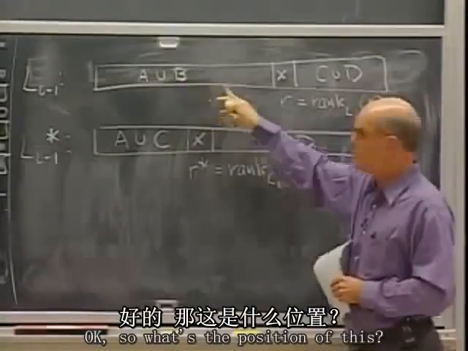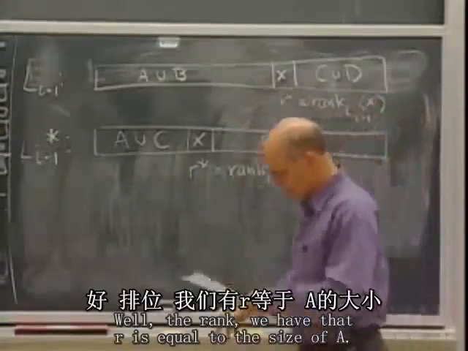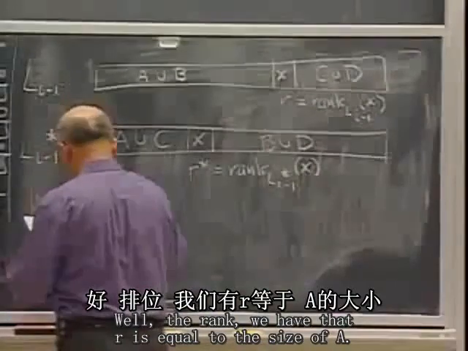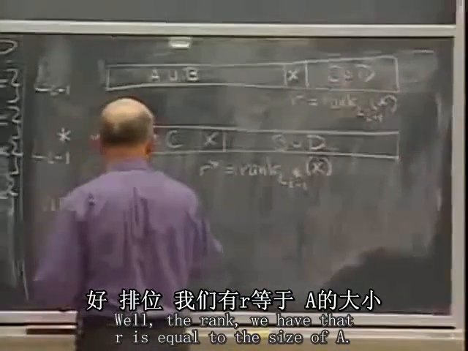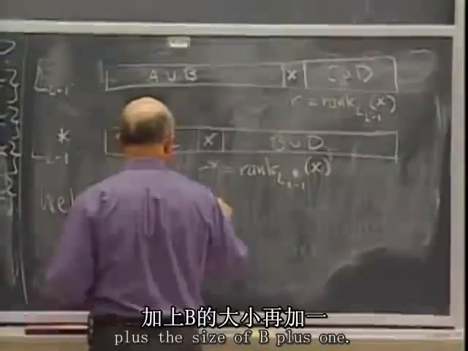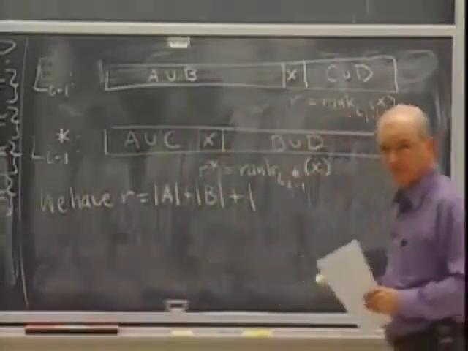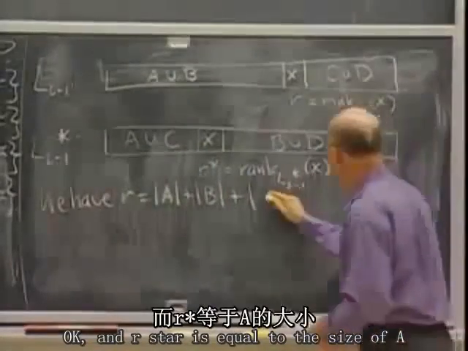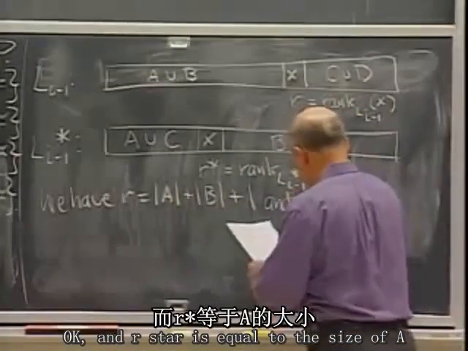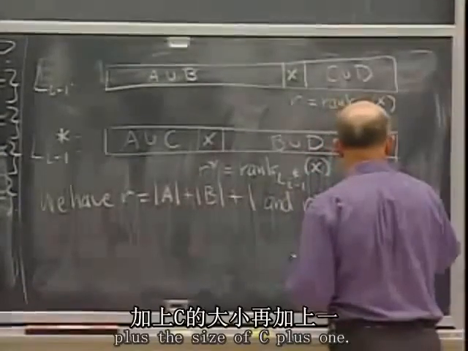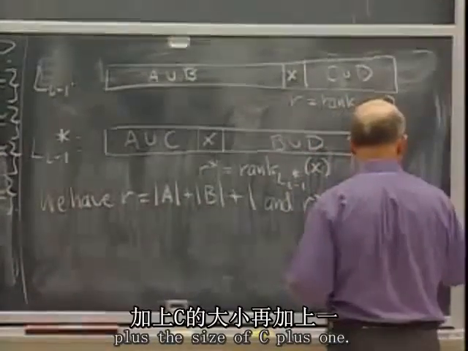So what's the position of this? Well, r is equal to the size of A plus the size of B plus 1, and r star is equal to the size of A plus the size of C plus 1.